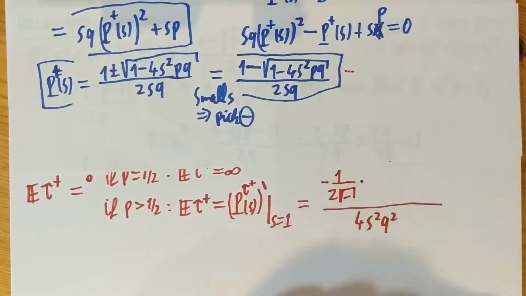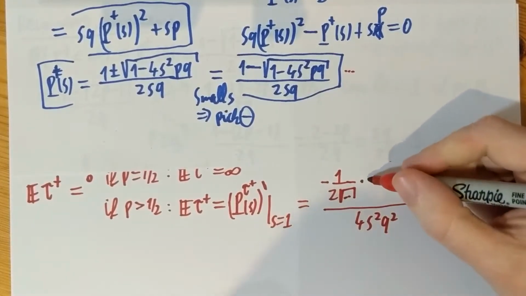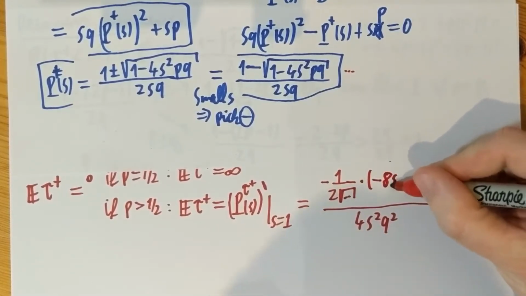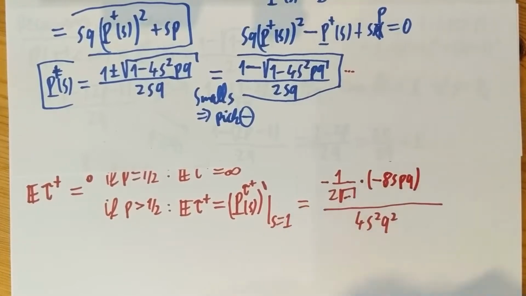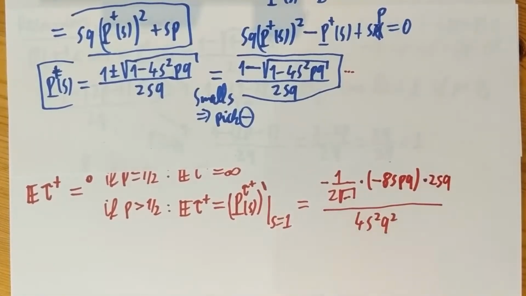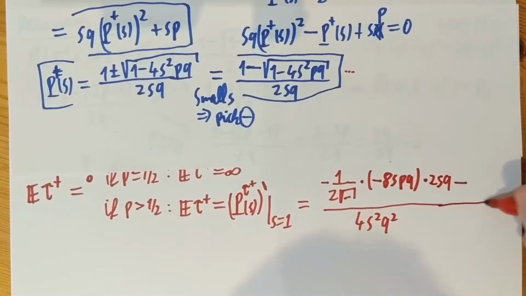However, the square root itself is a complicated function of s, so I have to look into the inner function, the derivative of the inner function, which gives me a negative 8spq. That I multiply with 2sq, which was my denominator, and from that I subtract the original numerator times the derivative of the denominator.